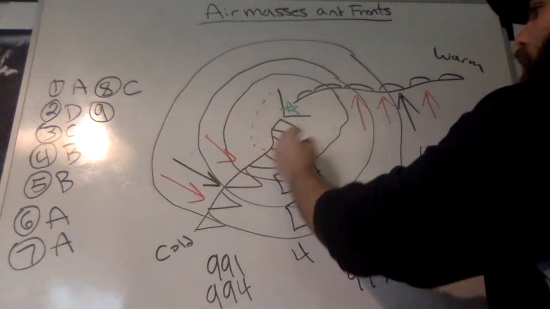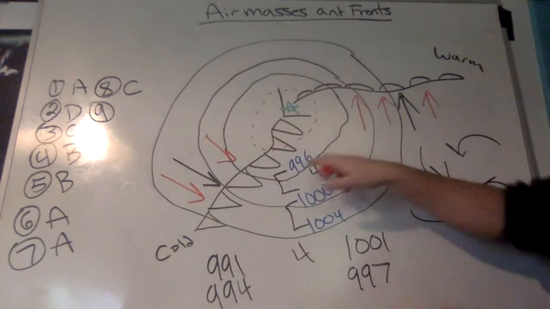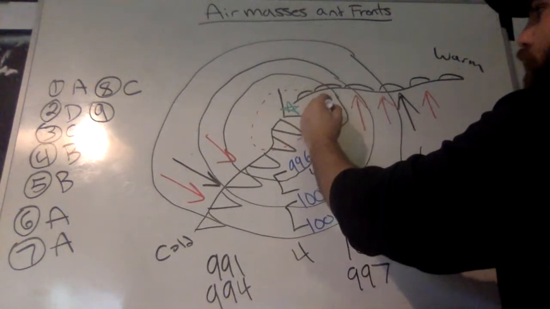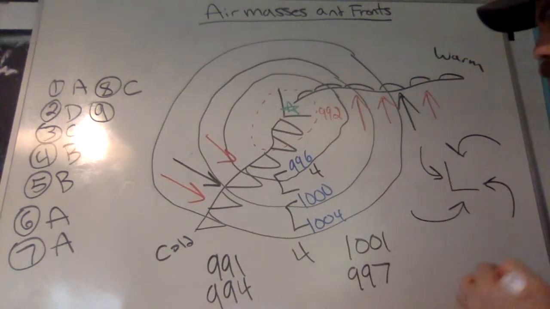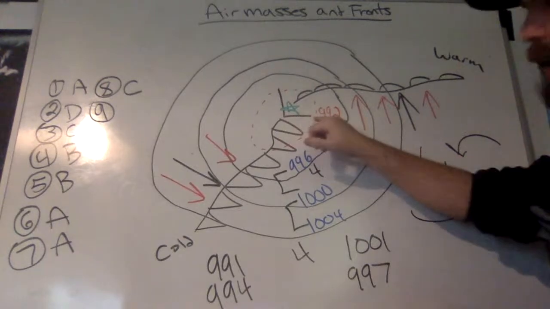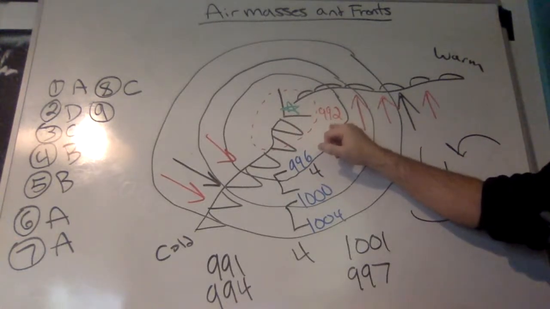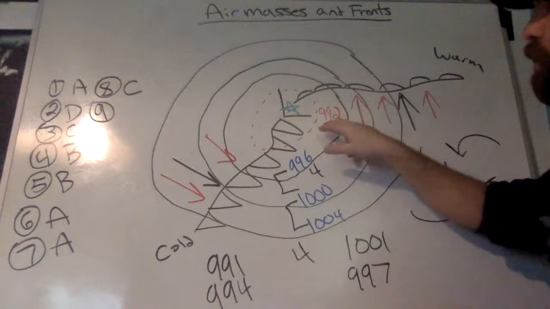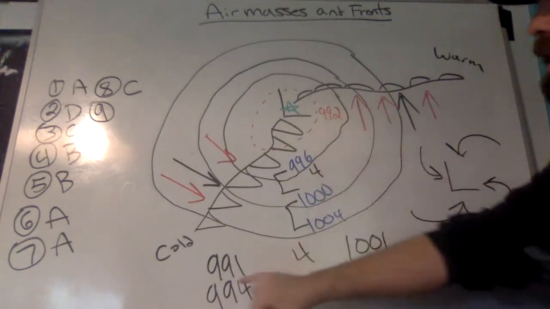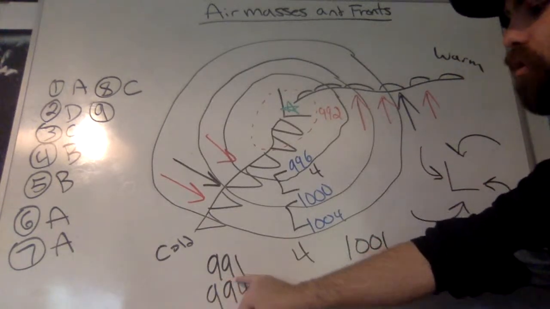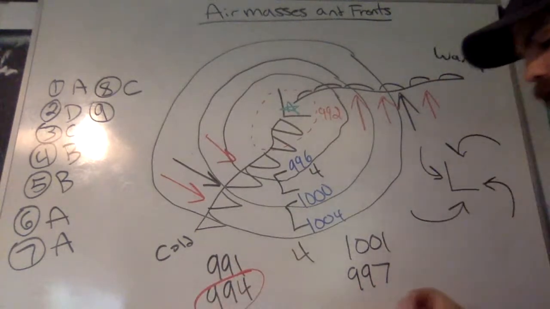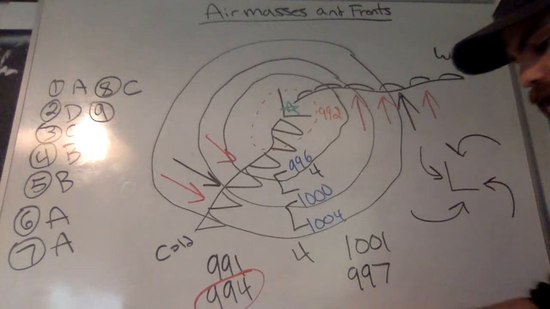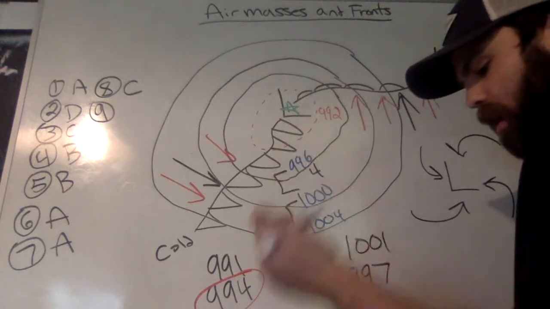If I made another one going around, okay, that number would be 992. And it's the same method with contour lines. That means the inside would have to be something lower than 992. But because we don't have that line, it never goes down to 991. So the answer is actually 994, all right, which is going to be choice letter C.